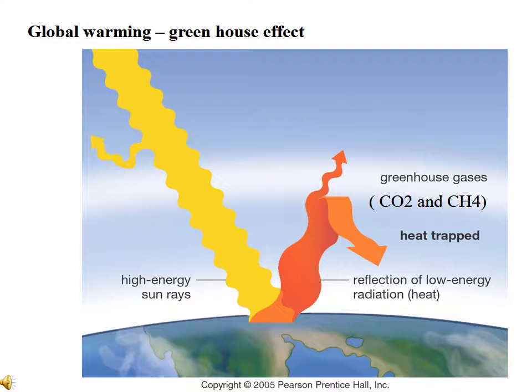Now, global warming is basically a phenomenon that is similar to the greenhouse effect. In the lower atmosphere, we have carbon dioxide and methane that gets trapped. Now, when sunlight comes in, it will bounce up and be trapped by the carbon dioxide and other gases that are present in the atmosphere.